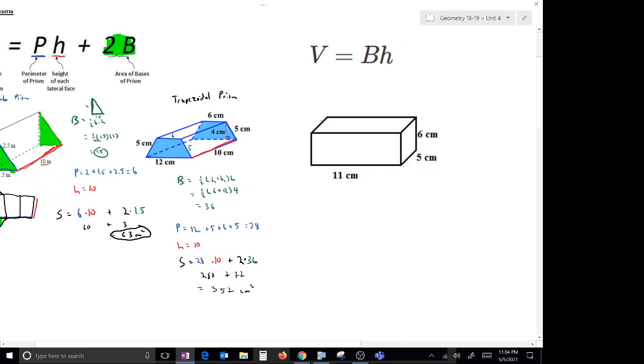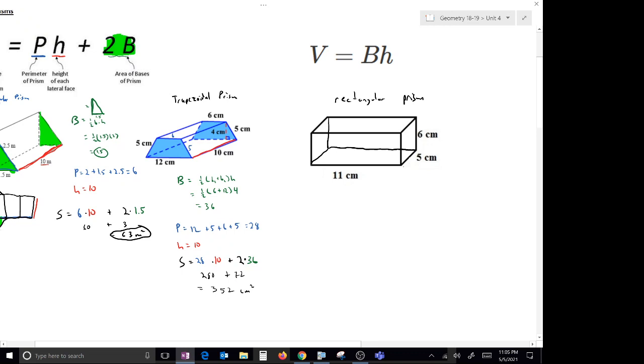This last one, this would be a rectangular prism. And I'm just going to draw the insides of it so we can kind of see the faces a little bit better. Okay.